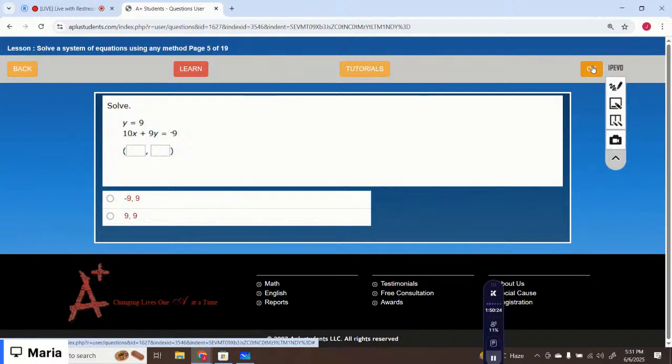So y equals 9. 10x plus 9y equals negative 9.